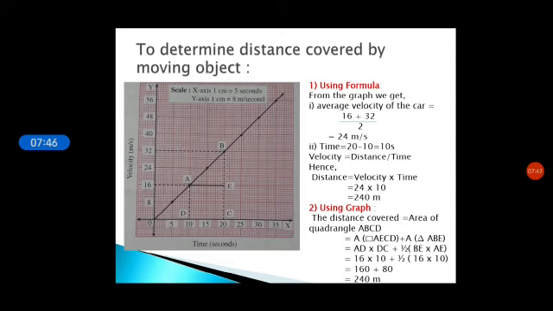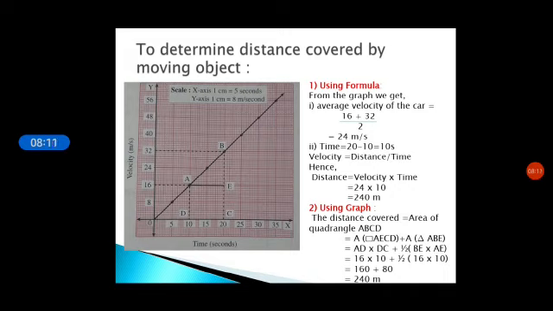Hence we get V is equal to 24 meter per second, time is equal to 10 seconds. Also we know that velocity is equal to distance upon time, and therefore distance is equal to velocity into time. After putting the values of velocity and time in the above formula, we get distance is equal to 240 meters.